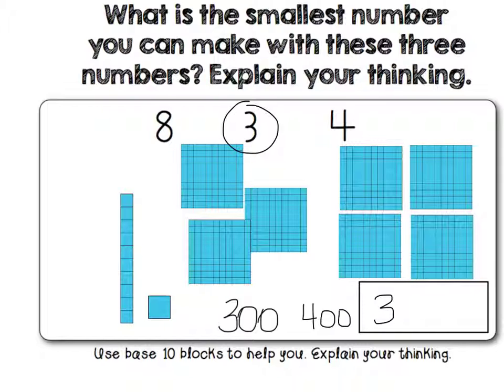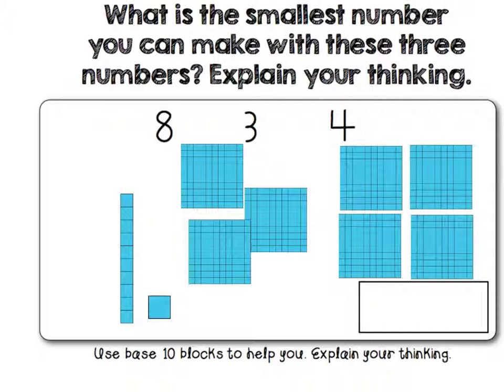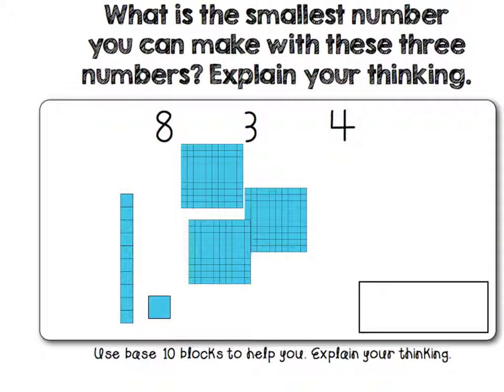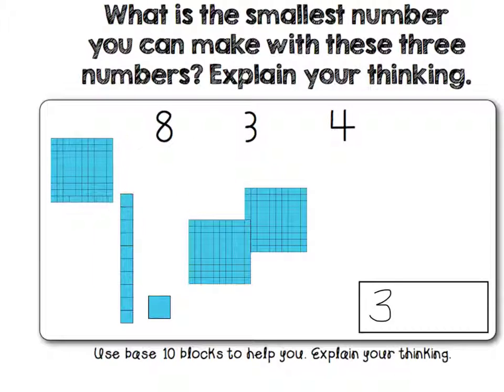Now I want to go ahead and X out the blocks that I don't need. Let me get rid of all of this real quickly so that I can have all the blocks that I need. Go ahead and write my 3 again. So I have 300.